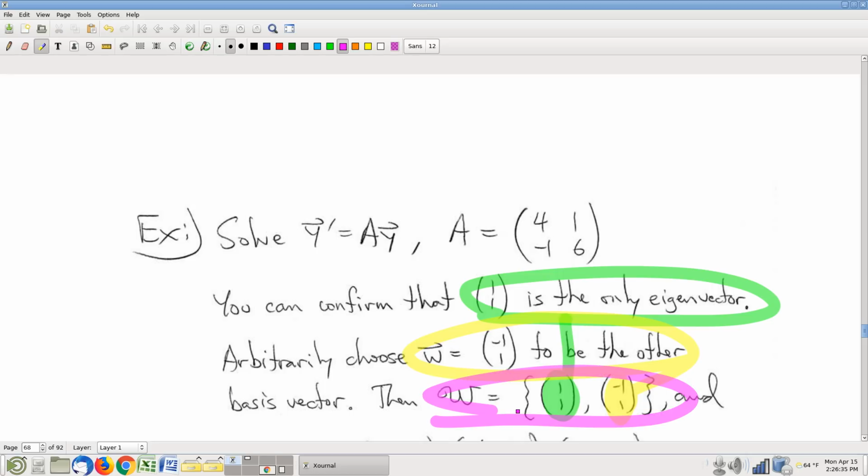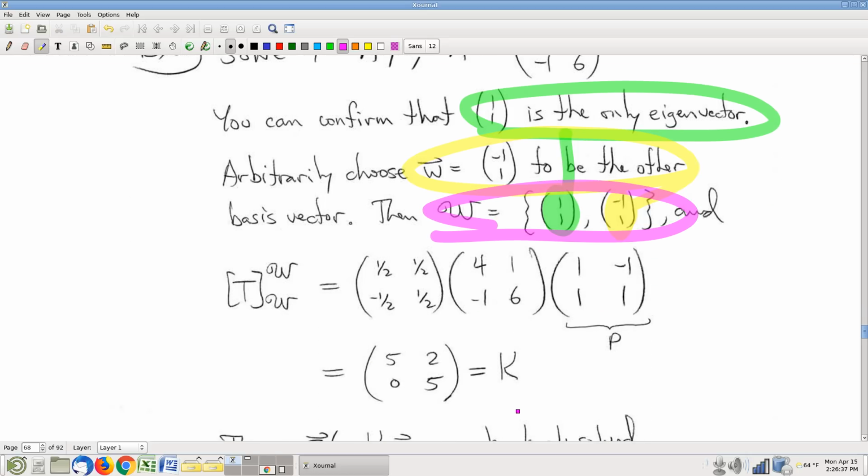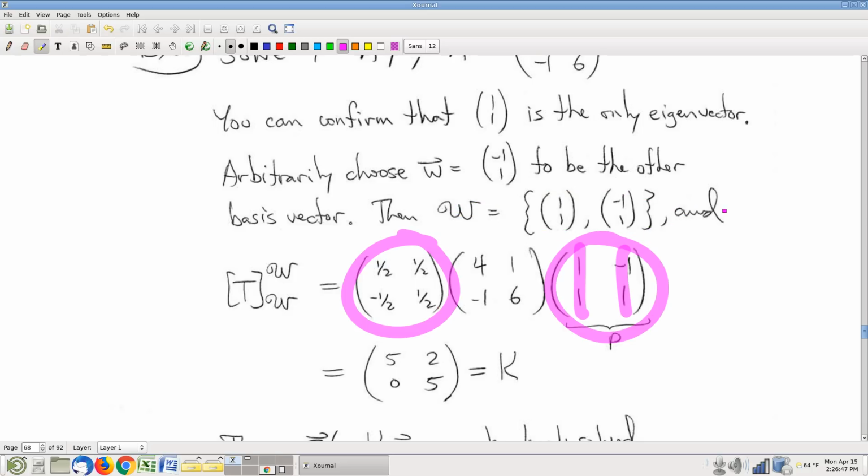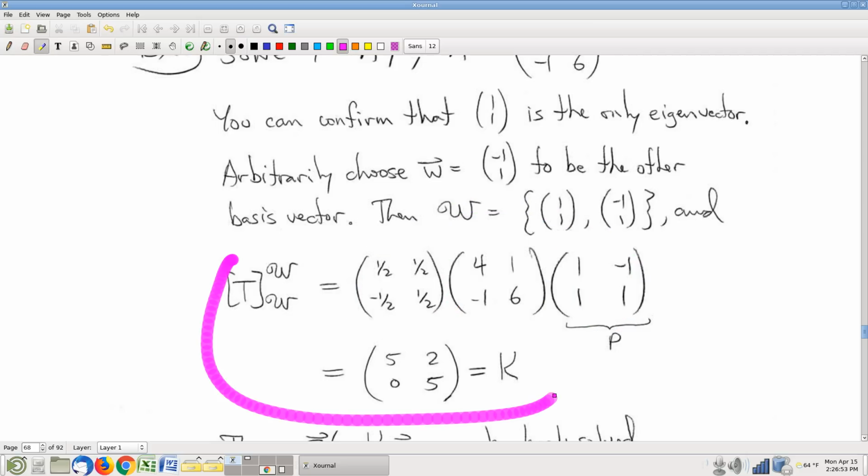So, take this basis. Note that as your P matrix, there's P inverse. So this is your conjugation. Conjugating that original given matrix gives us this new form. Now, it's not Jordan form.